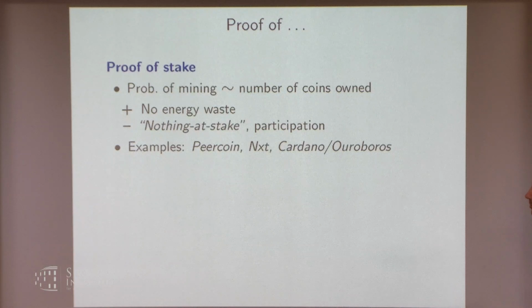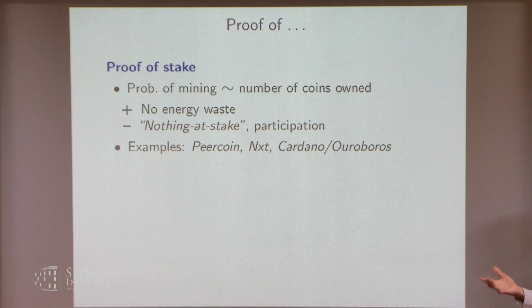So I guess the most promising alternative to proof of work is proof of stake, which we'll hear about tomorrow. Proof of work means that the probability to mine the next block is proportional to your computing power, and in proof of stake it would be proportional to how much stake you have in the system.